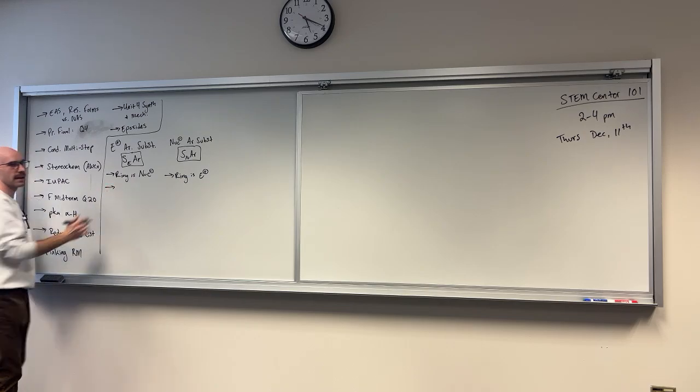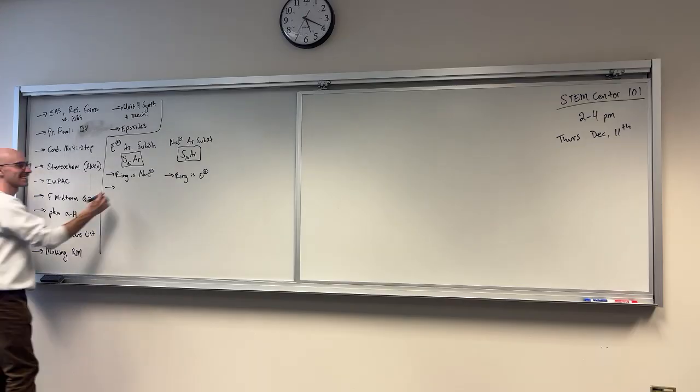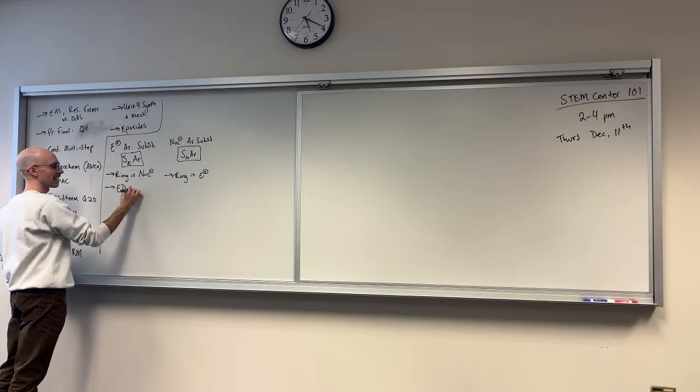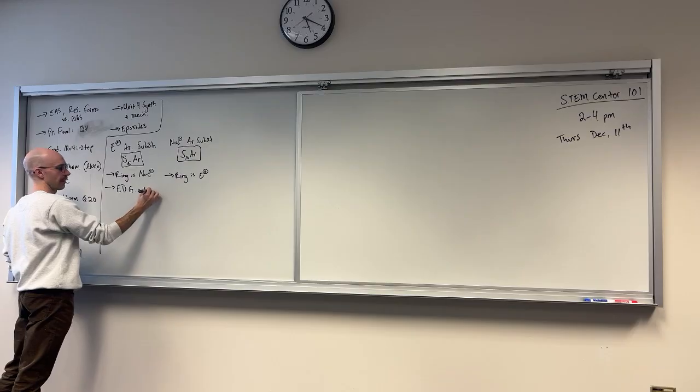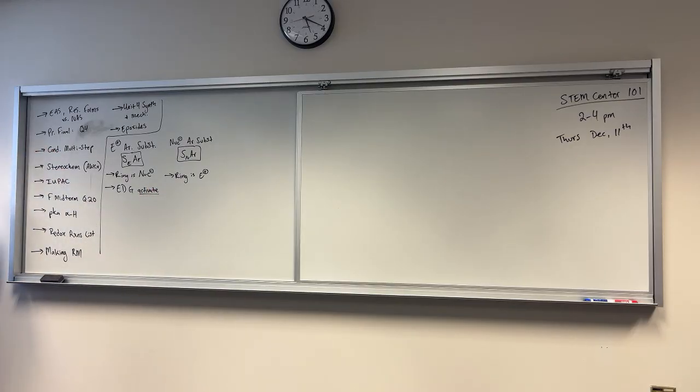Let's go back to EAS. What types of groups will activate the ring to be a nucleophile? Activators will activate the ring. And in this case, these are electron donating groups. Can you explain that? Can you tell me why?